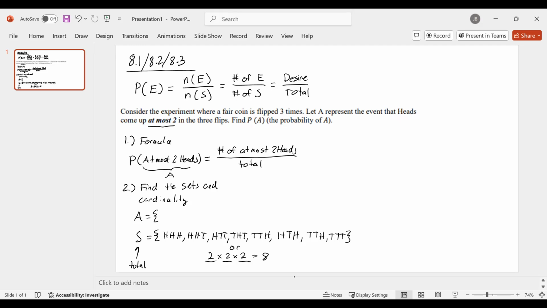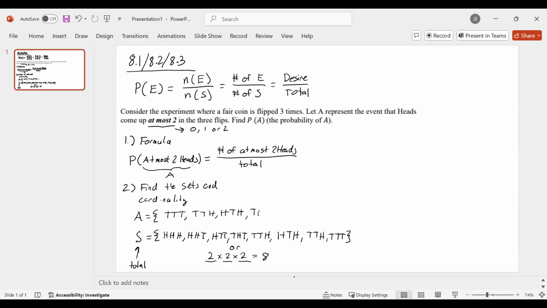And then they say at most 2 heads, right? So 0 heads is okay, 1 head is okay, and 2 is okay. So 0, 1, or 2. I want 0 heads, so that would be tails, tails, tails. I want that one, tails, tails, heads. 2 heads right here.